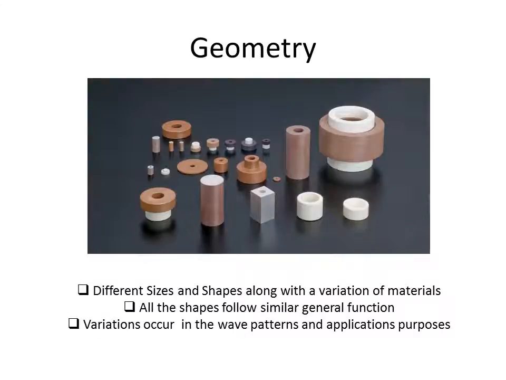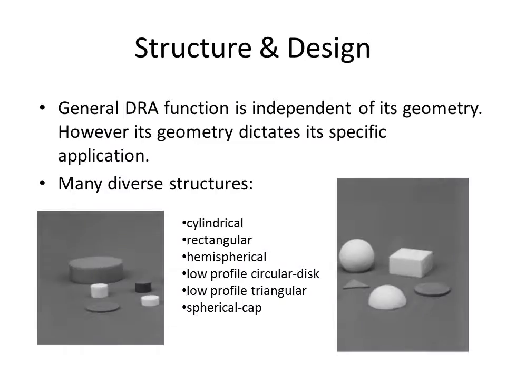Like many areas of electromagnetics, the area of dielectric resonator antennas is rapidly expanding. One of the main areas of research is in the area of different geometries and their specific applications. The dielectric resonator antenna has many different structures and designs because it is so versatile with its small size, lightweight, higher radiation efficiency, wider bandwidth, and low cost.